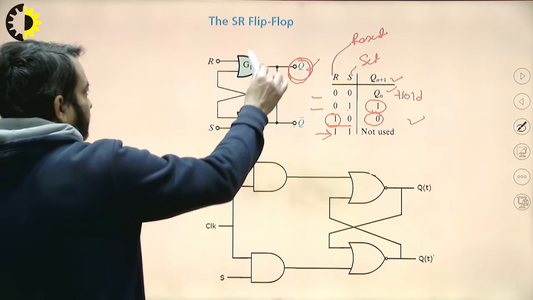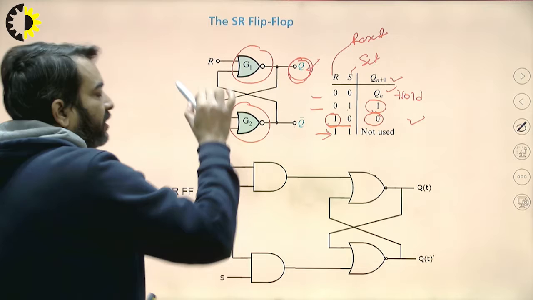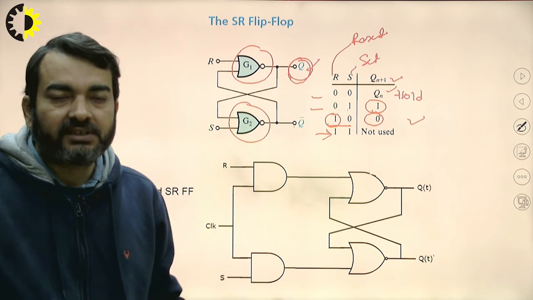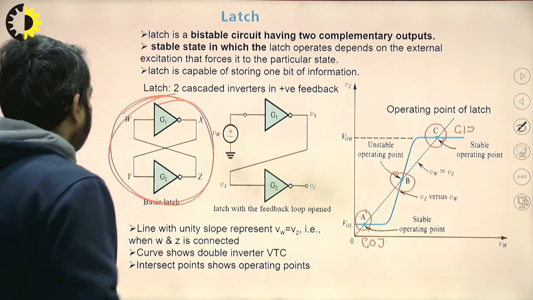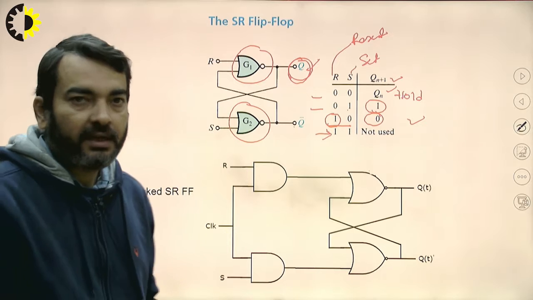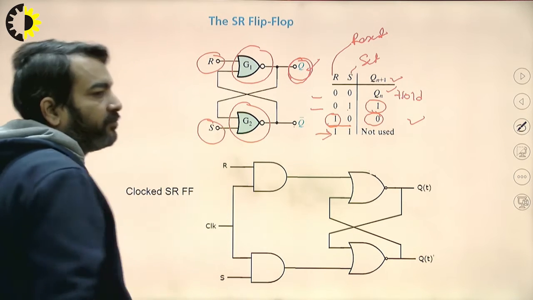And if we see again, this is a cross-coupled connection of two NOR gates. So basically this latch is the core of any flip-flop. Here we have just given a provision to introduce external inputs.